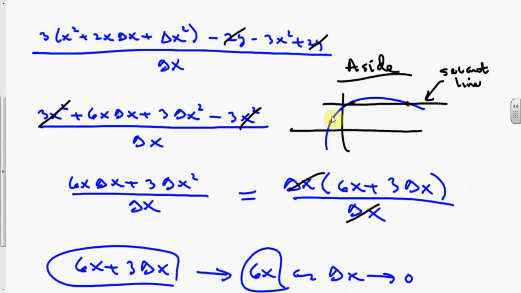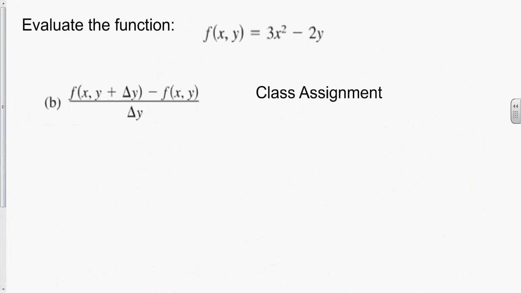If I investigate at this point some line that touches only at 1 point, then we call that a tangent. Hence is where you get the derivative from, right? Okay, let me move on.